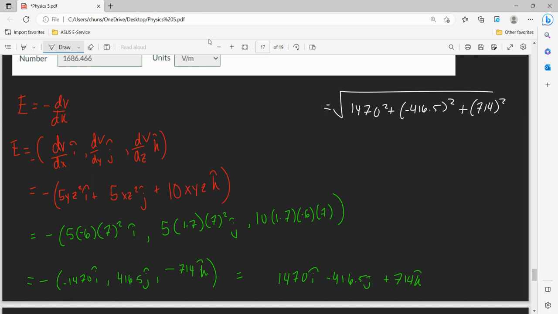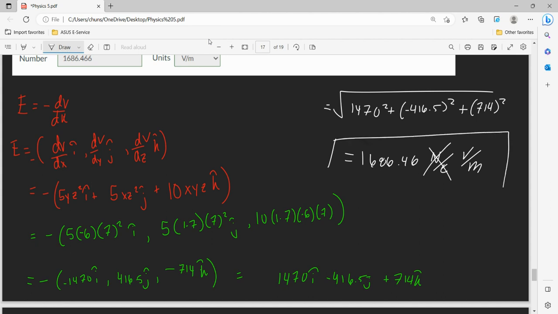So let's try this again. And we take the square root of this. There we go. There is our answer. This is 1,686.46 newtons per coulomb. In this case, volts per meter. Right, and this is our final answer.